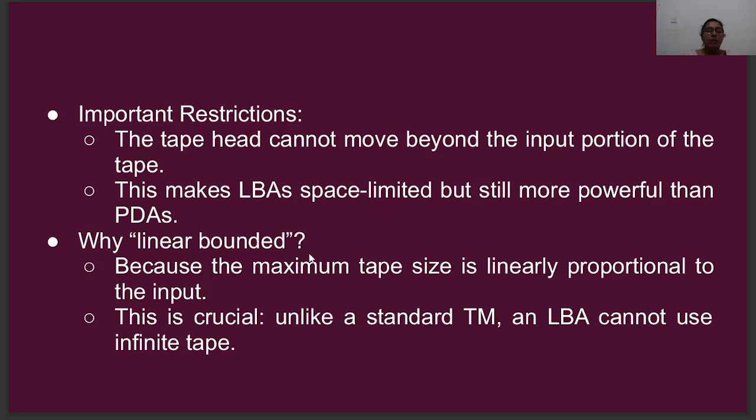Now, why linear bounded? It is called linear bounded because there is a restriction on the size. There is a maximum tape size which is linearly proportional to the input. This is crucial because only those problems which can be solved within this size restriction can be implemented using a linear bound automata, unlike a standard Turing machine which has an infinite tape.